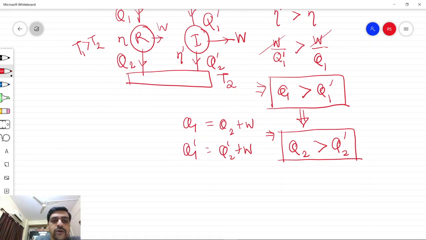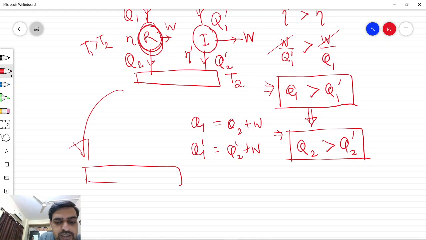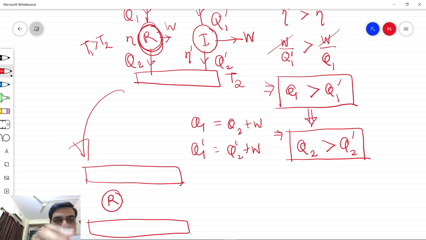Now what we are going to do is couple the two engines. Since this engine is reversible, we can reverse its order of operation. That is, instead of extracting heat Q1 from the source and rejecting heat Q2 to the sink, it now extracts heat Q2 from the sink and rejects heat Q1 to the source.